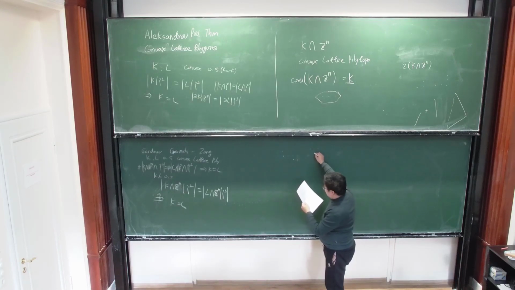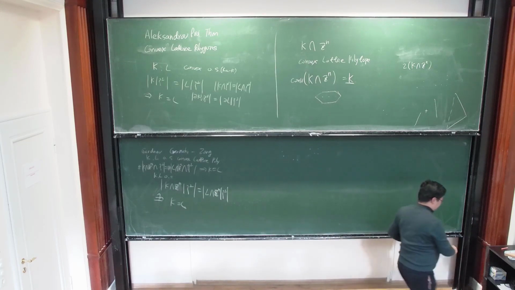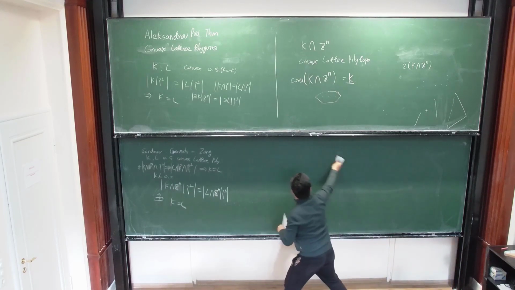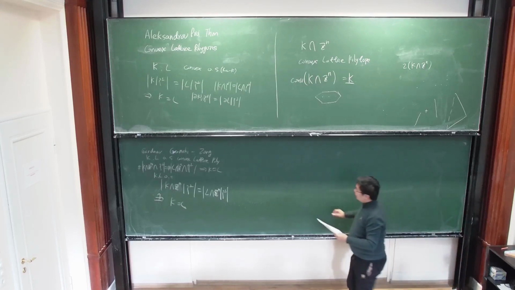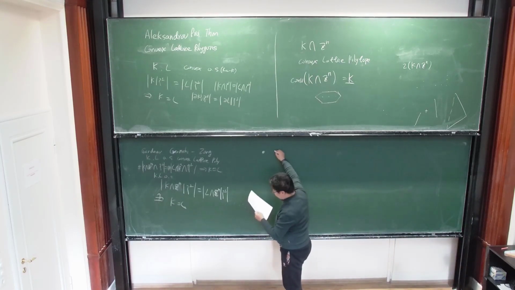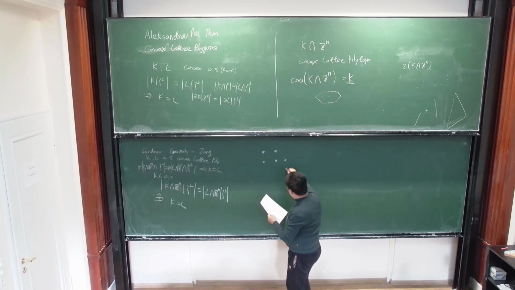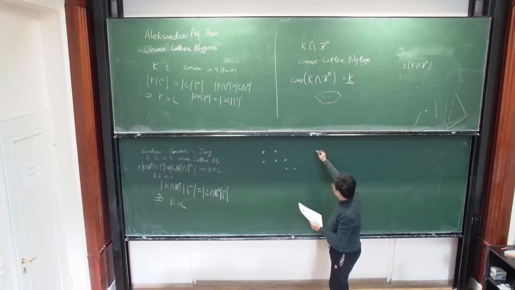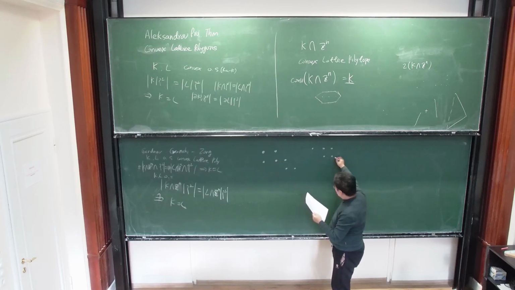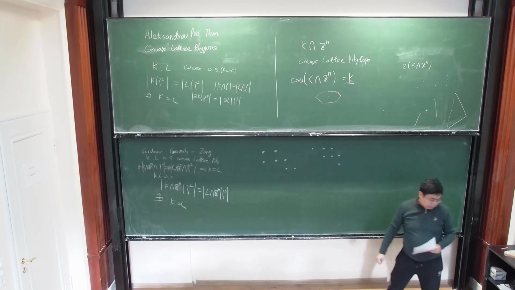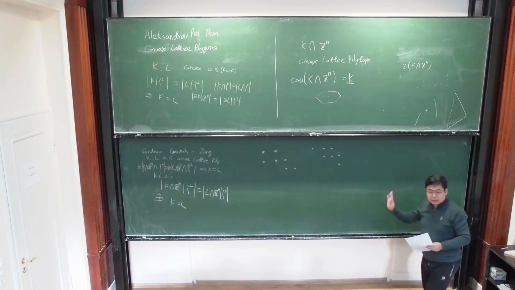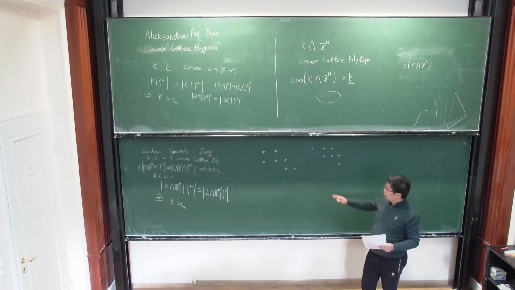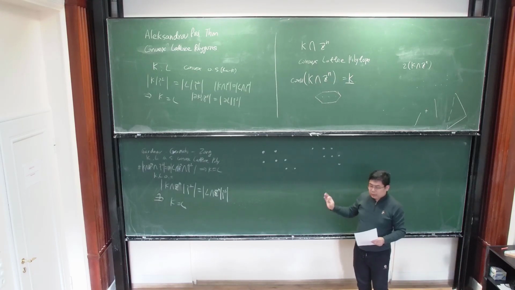Sure, I can make the points thicker. This is one. Another graph: they always have equal projections for every direction. But of course, this is not origin symmetric, and you can generalize all kinds of things just by reflections.